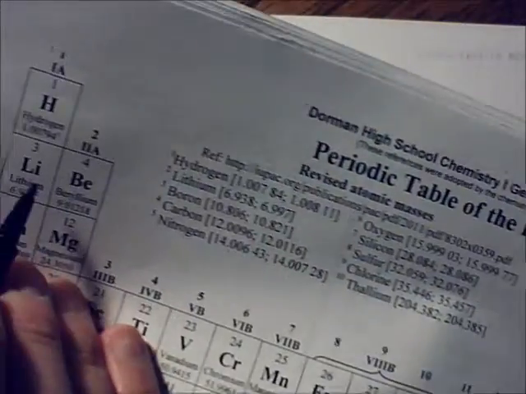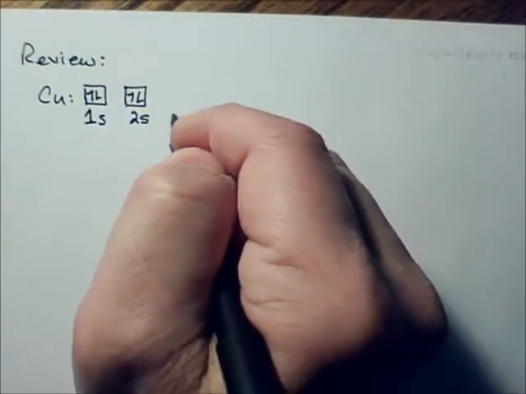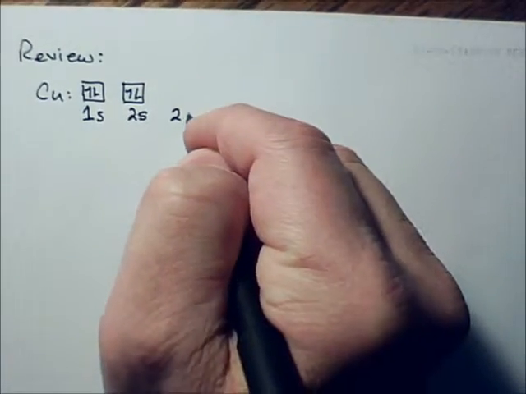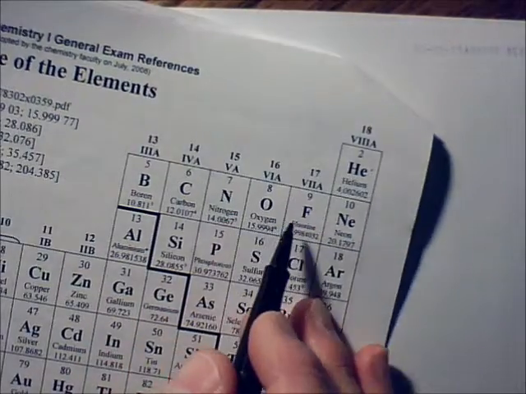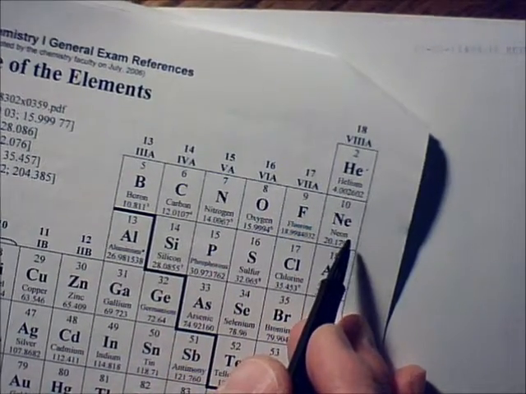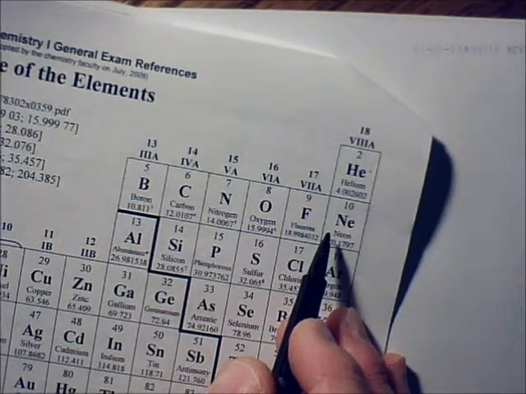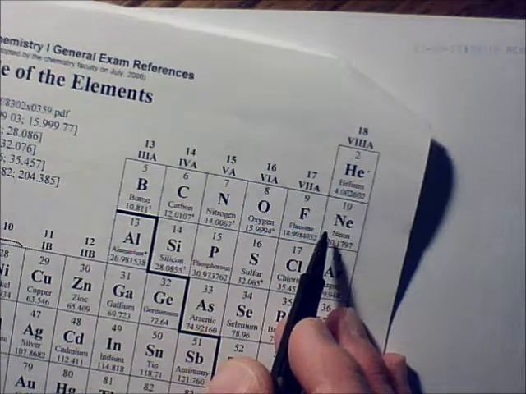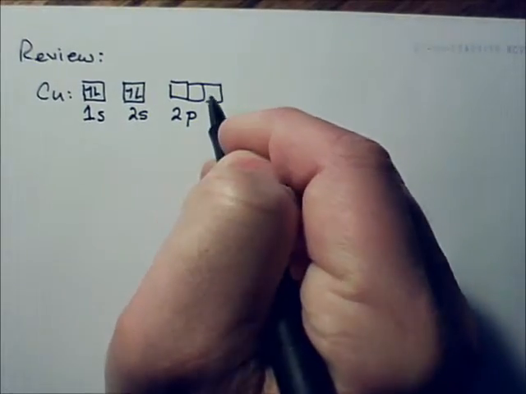Once we finish beryllium here, then we're ready to go over here to where boron is, still in the second row, but now we're in the P sublevel region. So these are 2 P electrons. 1, 2, 3, 4, 5, 6 elements here in this row, corresponding to 6 electrons we're adding, and you can only put 2 electrons in an orbital, so we need 3 boxes to represent our 3 orbitals. 1, 2, 3.